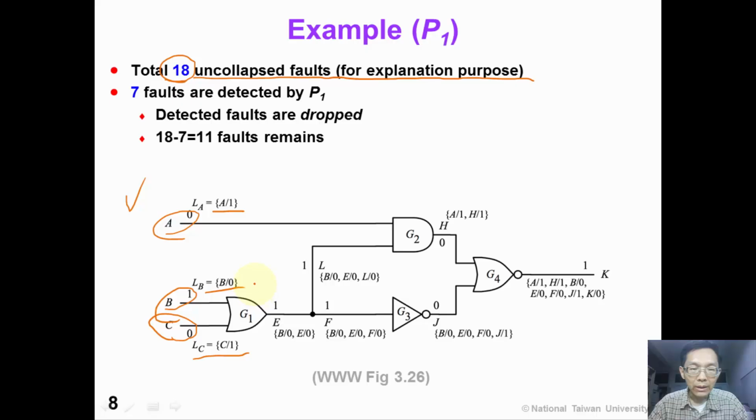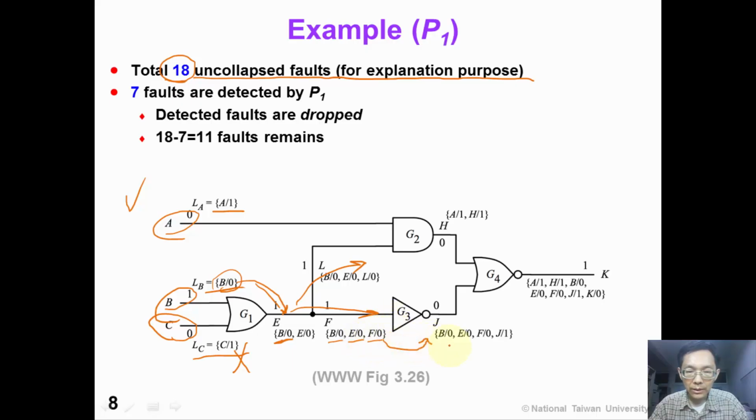And then we can propagate the fault list through the OR gate G1. Because B is non-controlling value, LB is propagated through E, and LC is not propagated. And then we propagate this through the fan out, so we now have B stuck at 0, E stuck at 0, and F stuck at 0.